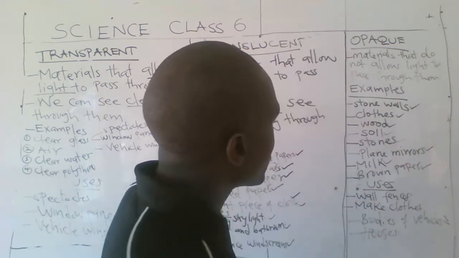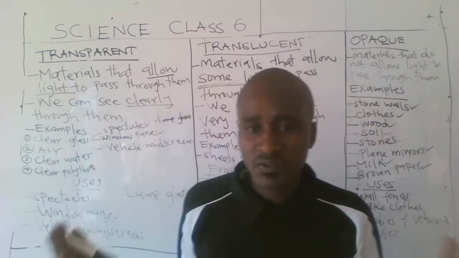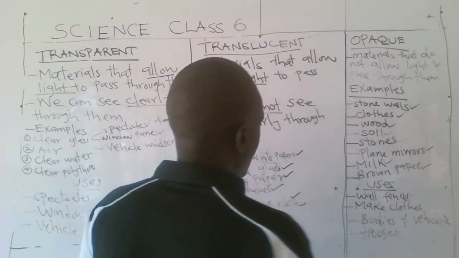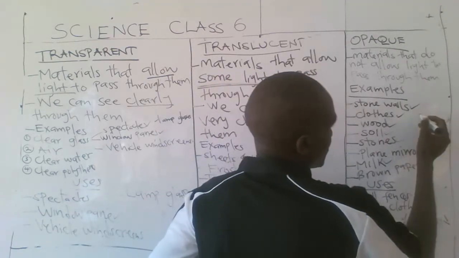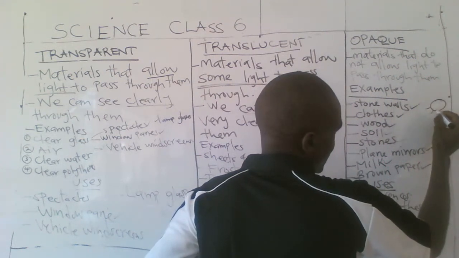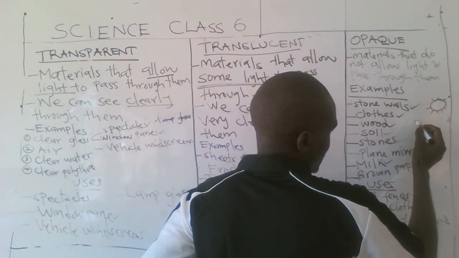Now, with opaque objects, when light comes into contact, let me explain with this one here. Let's say this is the sun, and this is a stone.